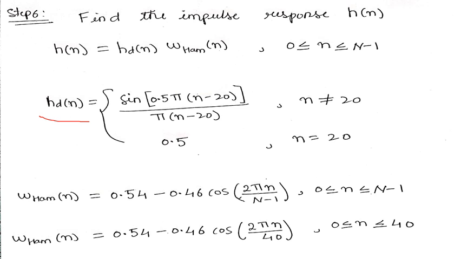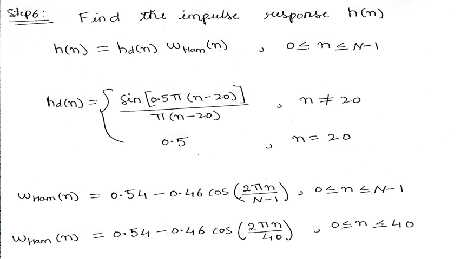After substituting the value of omega c and alpha in the formula discussed in step 4, we get hd of n as sine 0.5 pi (n minus 20) divided by pi (n minus 20) for n not equals alpha or for n not equals 20. And for the second case, that is for the case n equals 20 or n equals alpha, we get the value of hd of n as 0.5.